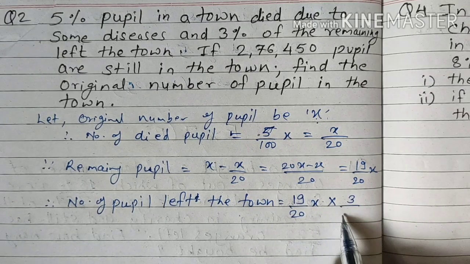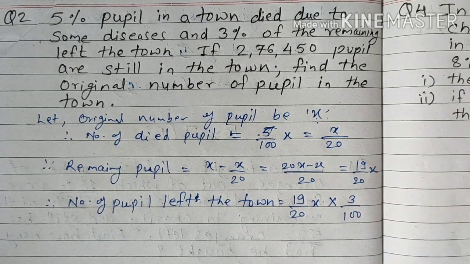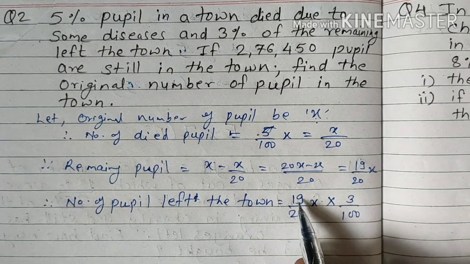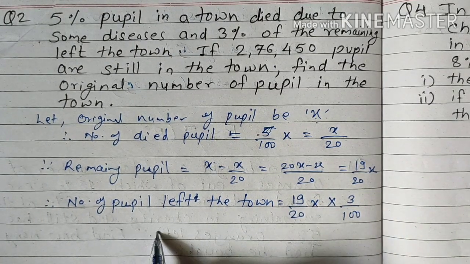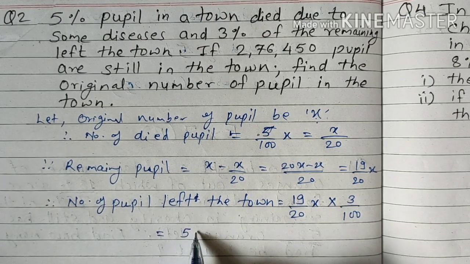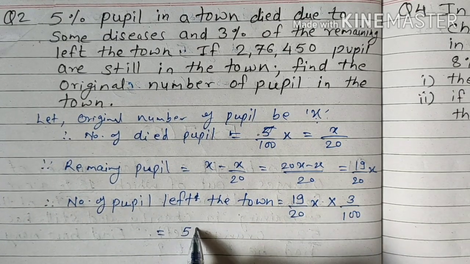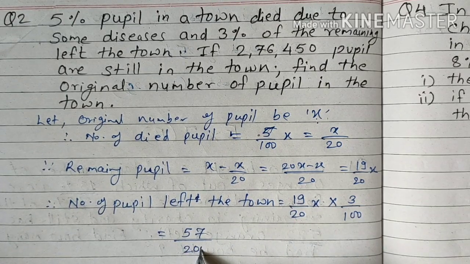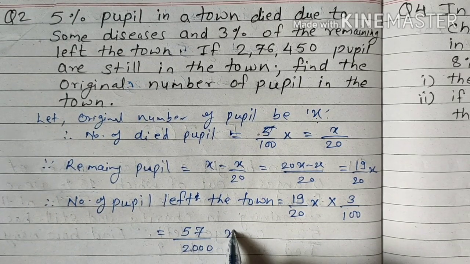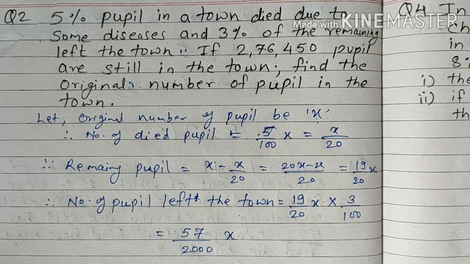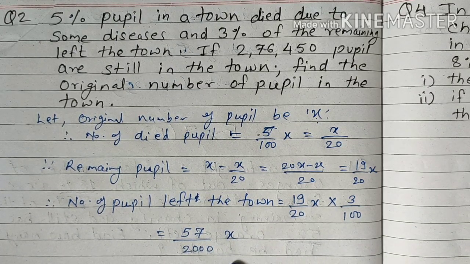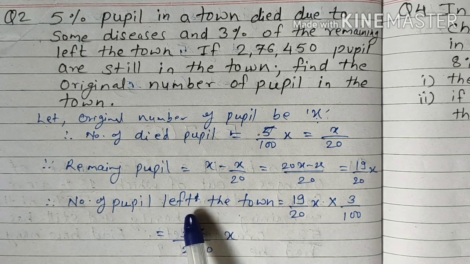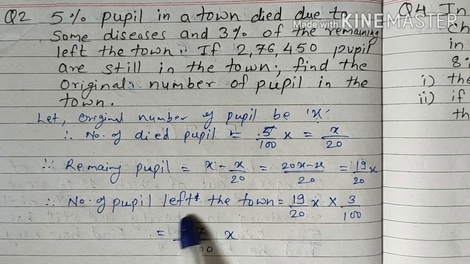So it will be 3 upon 100. Got it? So 3 into 19 is 57. We can write it as 57 upon 2000 X. These are the number of people who left the town. Left the town means went away from the town.